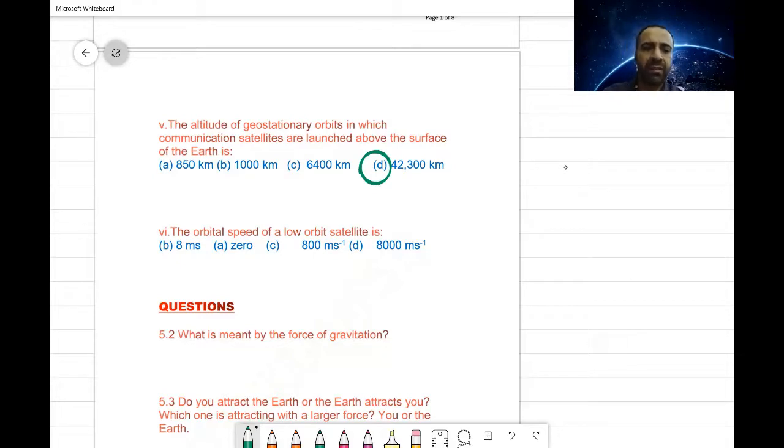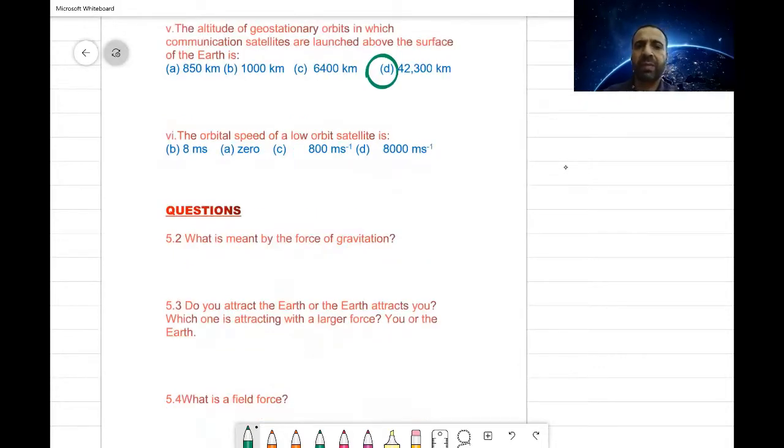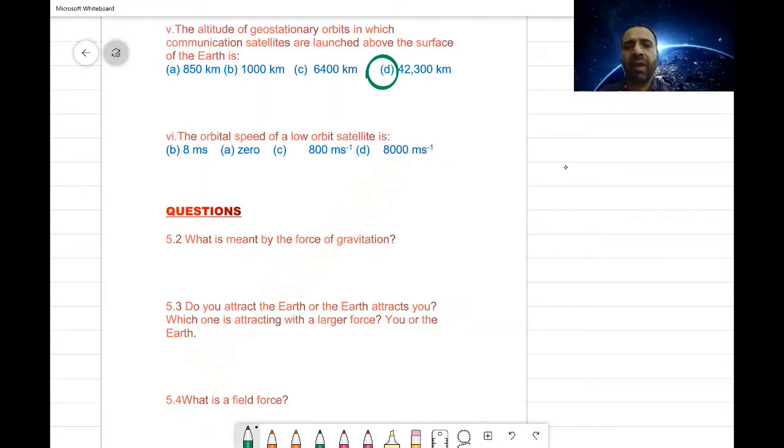The next one is the orbital speed of a low orbit satellite. What is the orbital speed of the low orbit satellite? So look, the right answer is 8,000 meter per second. Why?